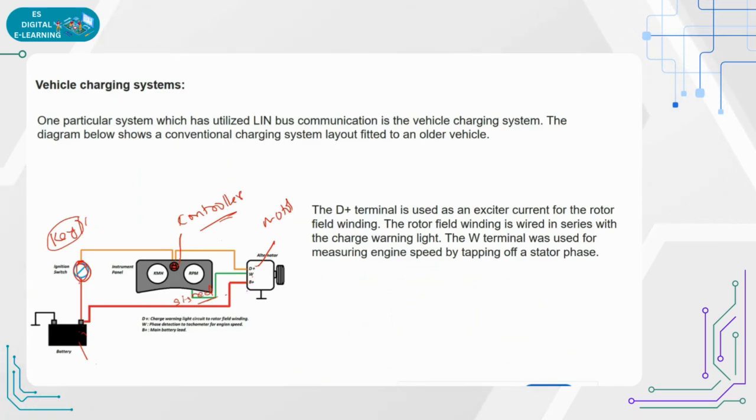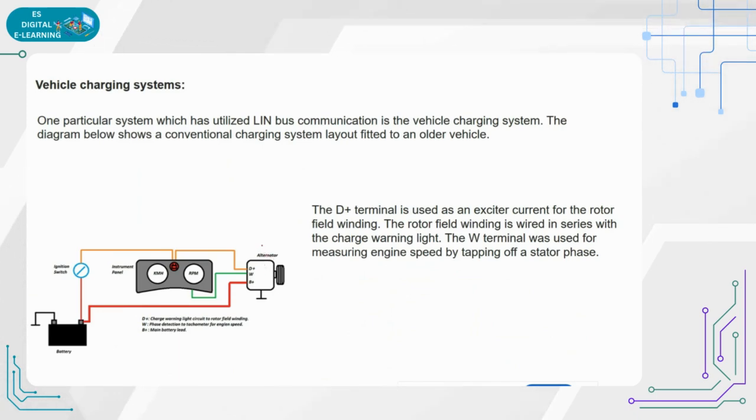As I mentioned, it is a vehicle charging system. Similarly, this is one feature. Usually it has the alternator, so it will convert the mechanical energy into electrical energy to charge the battery. In a similar way the connections will be given here.